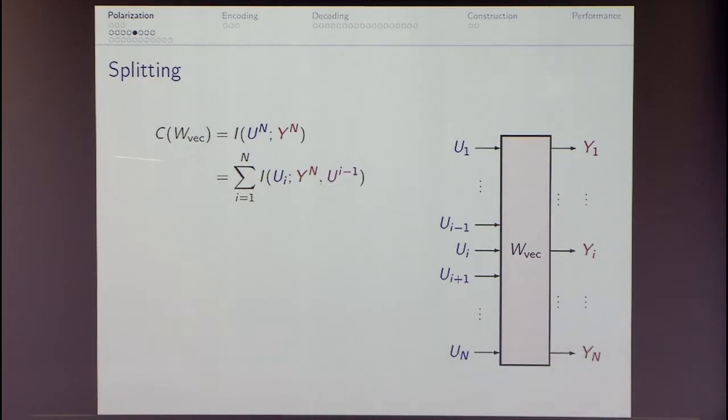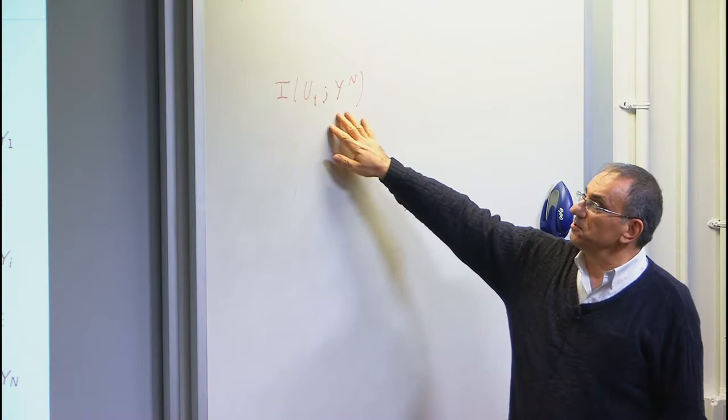The first channel, what is the first term in there? The first term under the summation is this one. So I have to define a binary input channel whose capacity is equal to this.